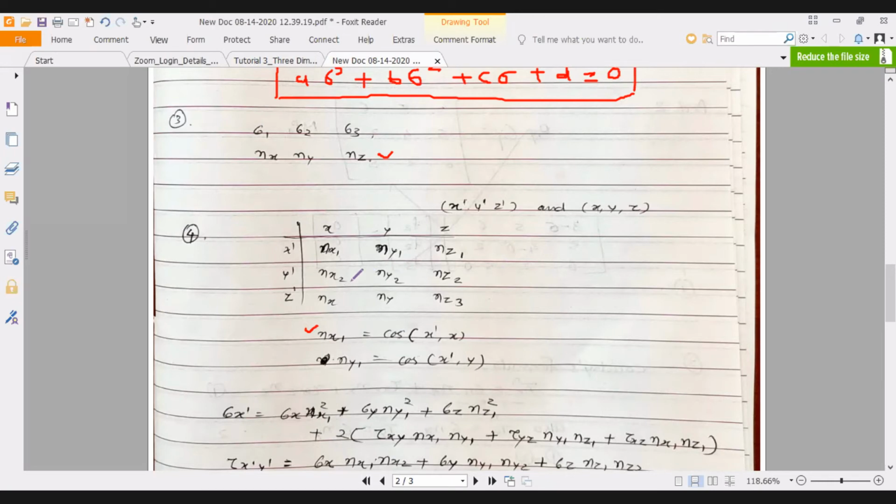Okay, so what is the meaning of this nx2 then? Nx2 is the cosine of the angle between y dash and x.